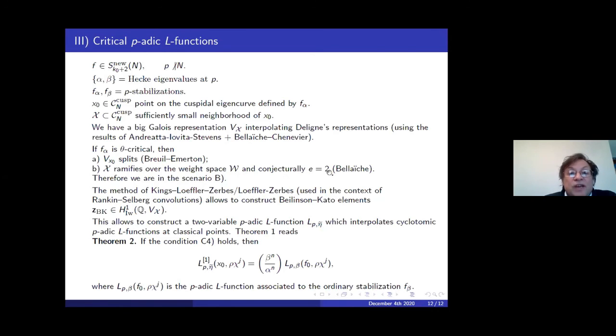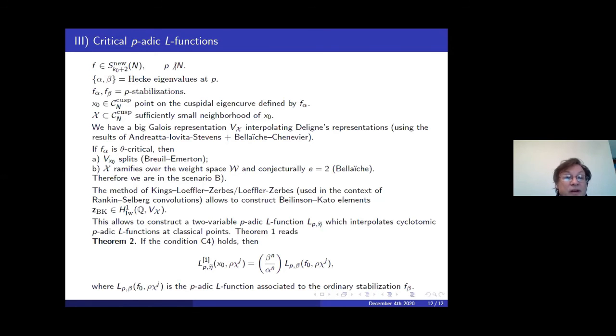Conjecturally, the ramification index is equal to 2. This follows, for example, from a conjecture of Jannsen, which is much more general, but it is not proved. If we assume that the ramification is equal to 2, we are in our scenario B.